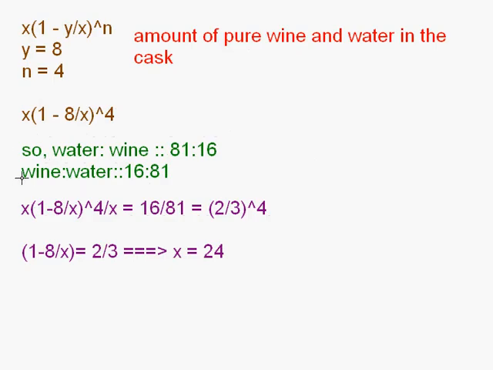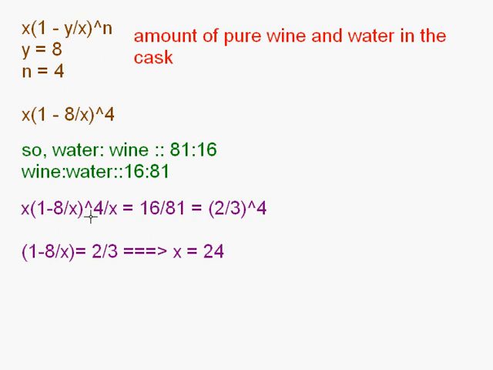So we changed it to wine to water because it would be easier to compare with the formula. X amount of water was added, so x times (1 minus 8 upon x) raised to power n, divided by x, should be there.